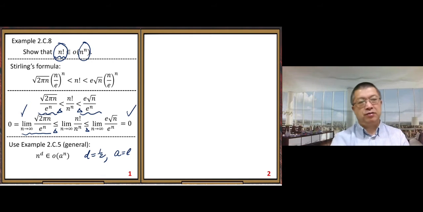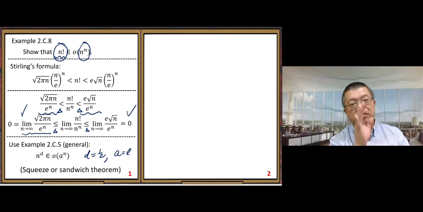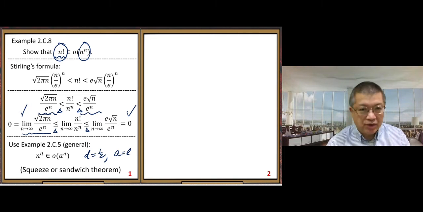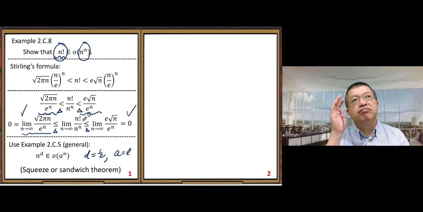In calculus, we have two names for that result: squeeze theorem or sandwich theorem. So we apply either the squeeze theorem or the sandwich theorem, and we have that the middle limit equals 0.